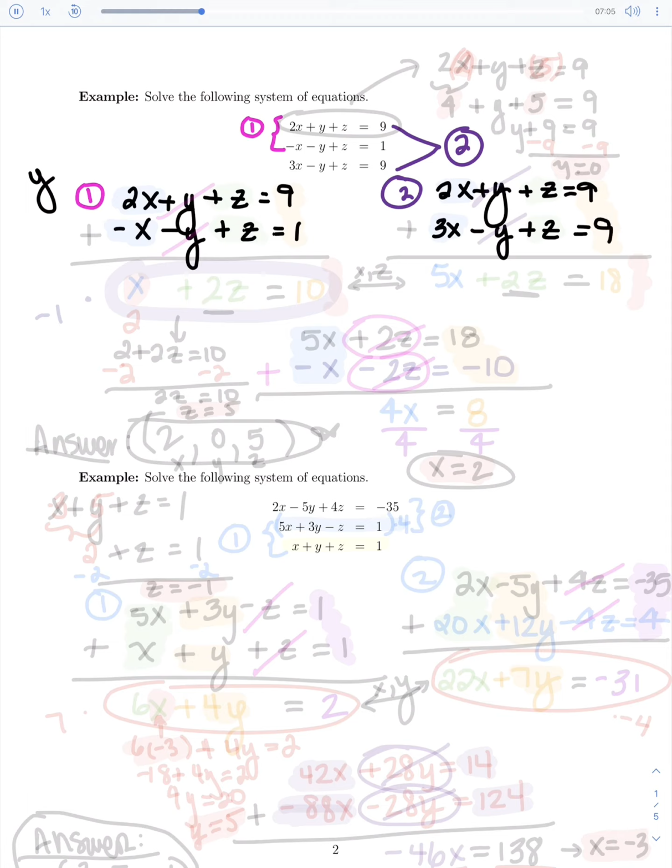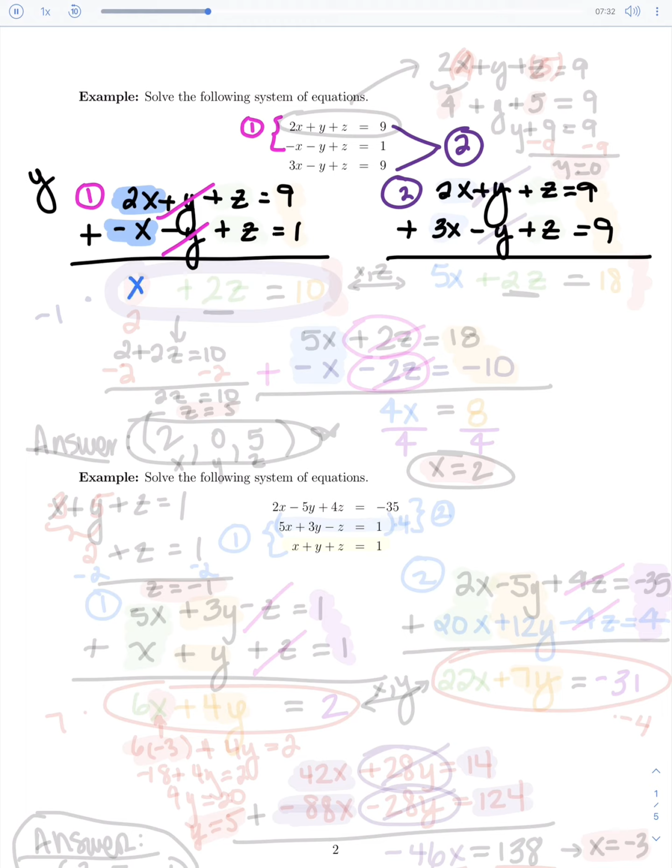Now remember, the goal with elimination is to add these together so that the variable eliminates. Well, it's already set up to do so in these 2. We'll eliminate the y automatically. Then we can just add and subtract normally. On this first equation, the y's do eliminate. And we have our 2x minus our x, which will just give me an x.